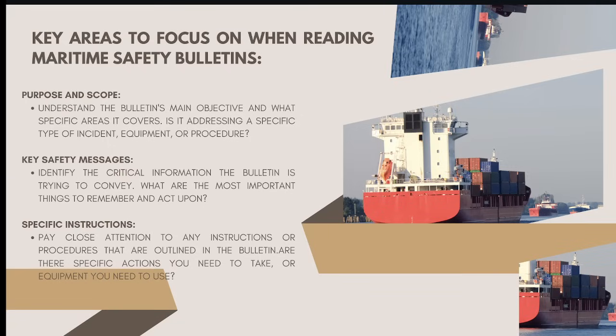In some cases, for example, there will be equipment needed to be used, so you need to carefully read the instructions on how to operate and maintain various safety equipment, like the life rafts, the life jackets, the fire extinguishers, and distress signals.